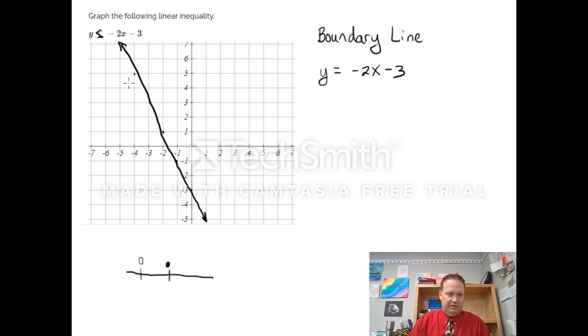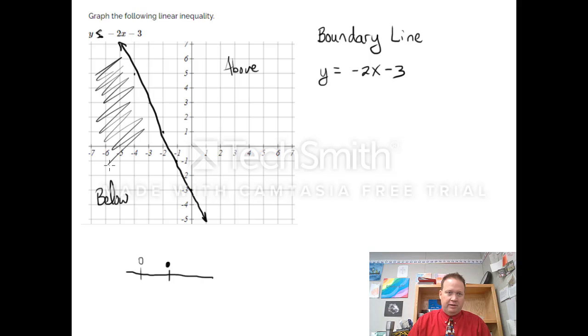But if I put a ball on this side of the line, it would just fall because it's below. So down here is what we're going to refer to as below, because it's below the line, and over here is going to be above the line. In this case, below means less than and above means greater than, and this says y is less than or equal to. So we're going to actually shade this side.